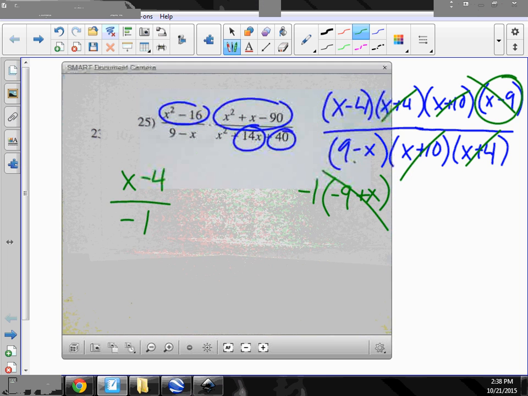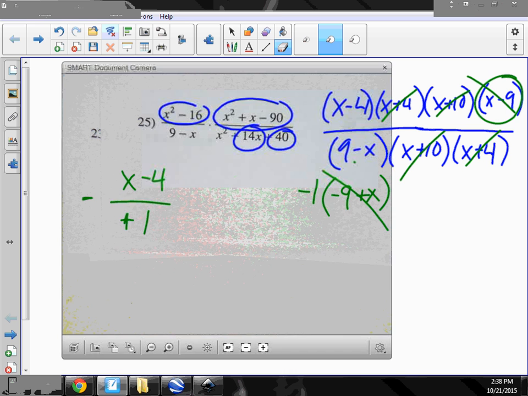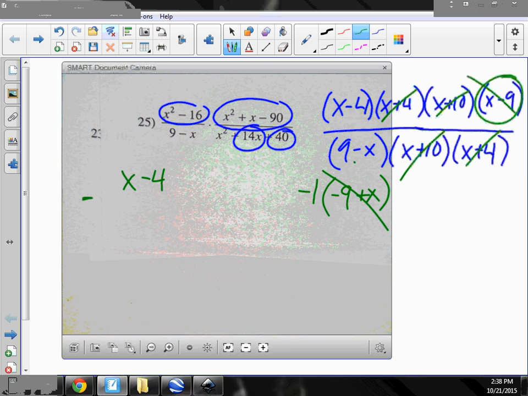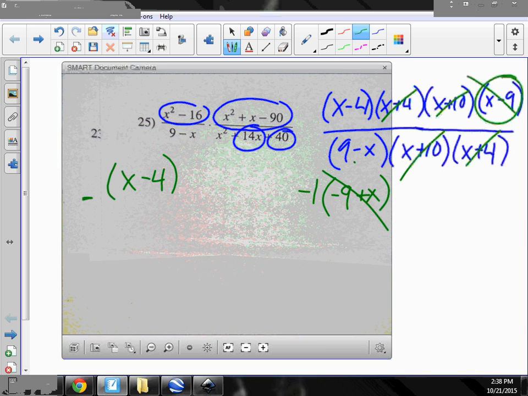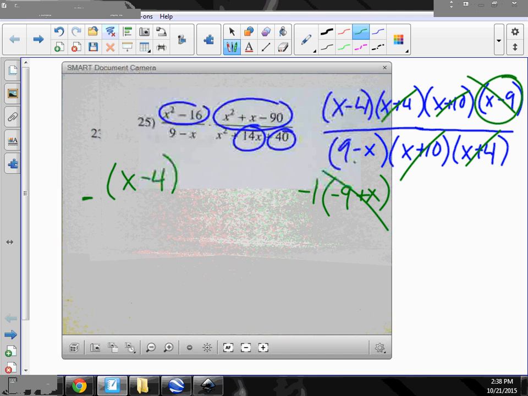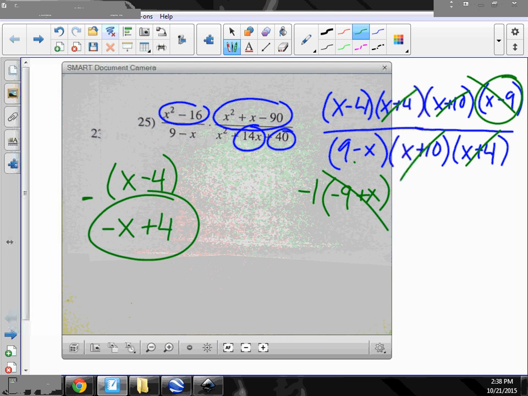Well, can I make that a little bit easier to deal with? I can always move the negative out front and change that to a plus 1. And then I don't even need the fraction anymore, but this is in parentheses. Then put the negative back in, and it would be negative x plus 4. That's the final answer.